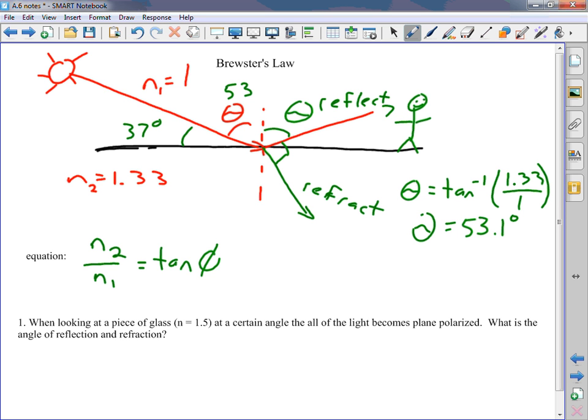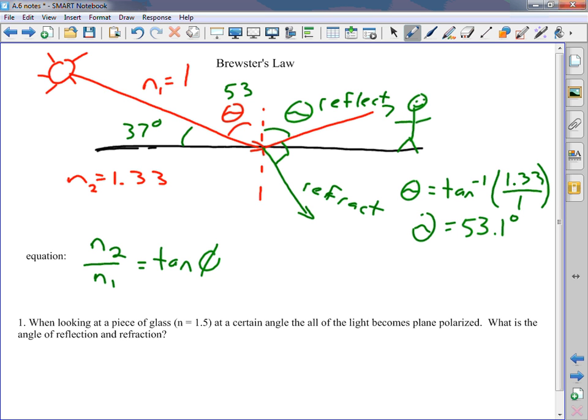Lots of times, though, we will talk about angles measured to the horizontal, or measured to the horizon, like we did here with 37, because your brain just naturally has grown up measuring angles to the horizon. When you ask how high the sun is, you're talking about how high above the horizon. Whenever the sun is directly overhead, your brain doesn't think 0 degrees. Your brain thinks 90 degrees. So sometimes we'll talk about horizon scale.